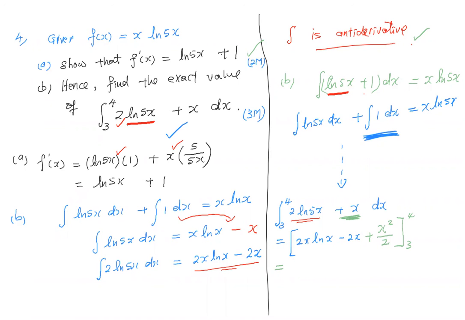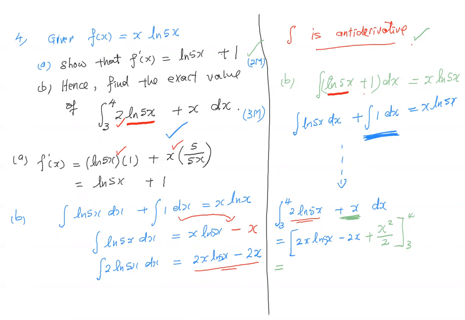Wait, miss, I thought it equals x ln 5x. Okay, yes, you are right. Thank you. Here is x ln 5x. Okay.